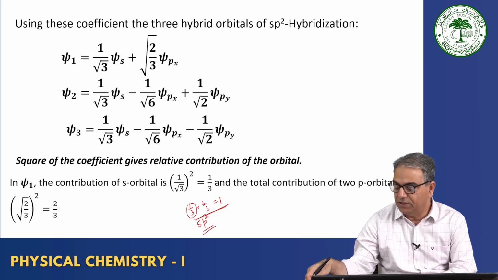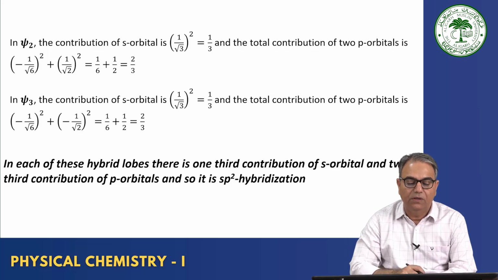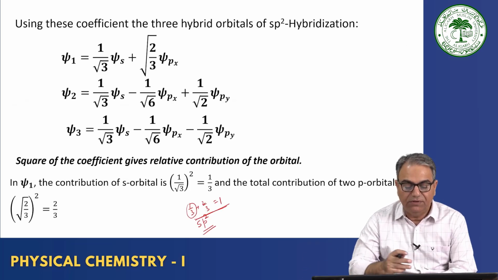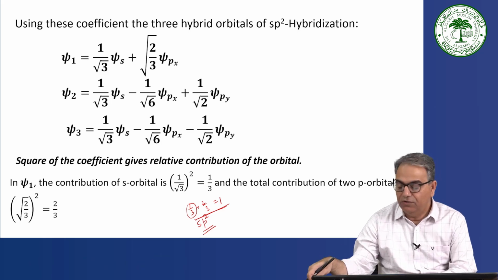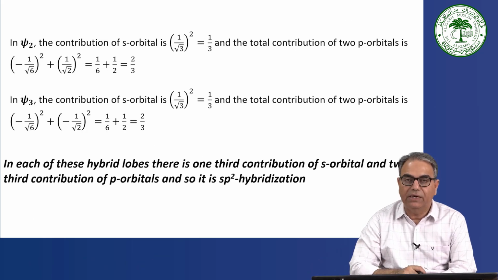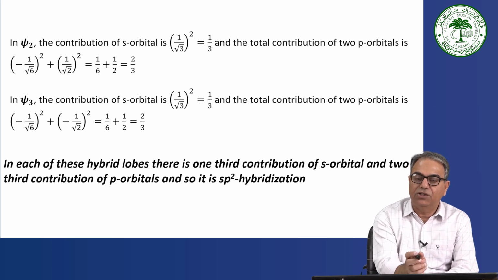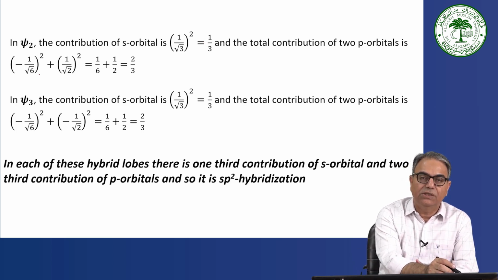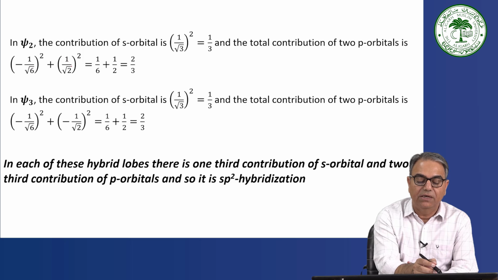Look at the other functions. Psi 2. In case of psi 2, you have three coefficients, 1 by root 3, minus 1 by root 6, plus 1 by root 2. So how can you calculate the contribution? The s orbital again is 1 by 3, but the p orbital now has minus 1 by root 6 and plus 1 by root 2. So the square of minus 1 by root 6 plus the square of 1 by root 2 will give you 1 by 6 plus 1 by 2, and again it comes out to be 2 by 3.